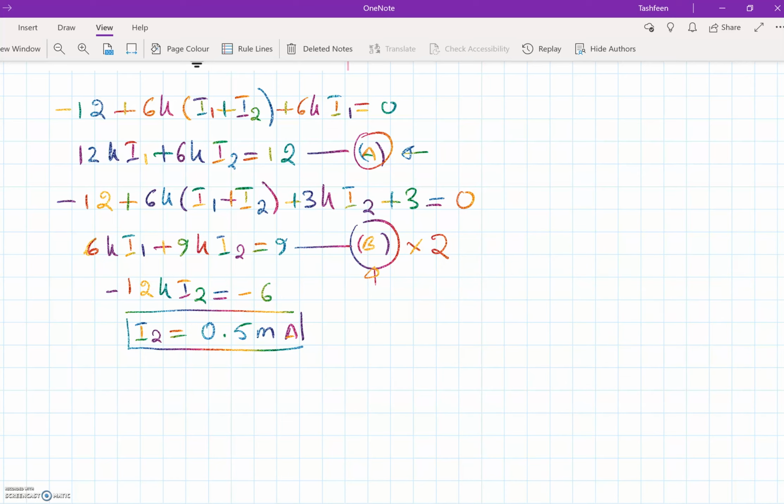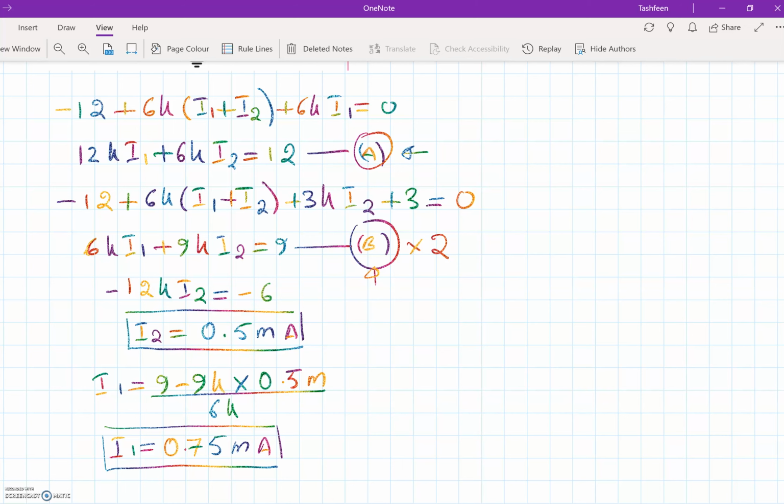If I do that, I can do the steps a bit quickly. It will be something like 9 minus 9k multiplied by 0.5 milli, divided by 6k. When you do the math, I1 should be equal to 0.75 milliamps.